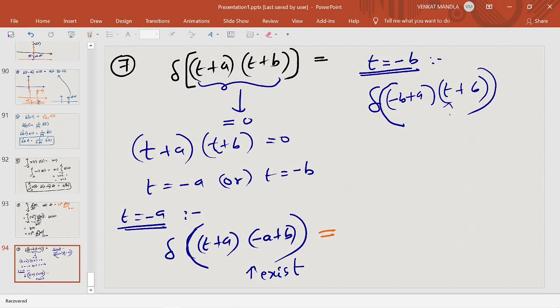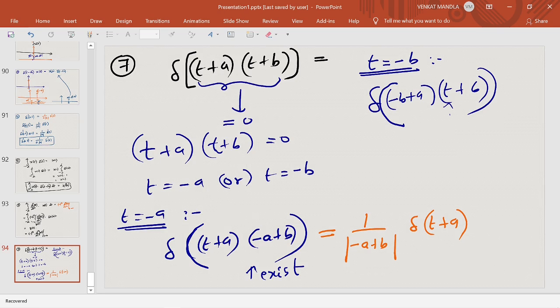So from this, what is the property? δ of a constant multiplied by (t+a) gives 1/|−a+b| times δ(t+a).